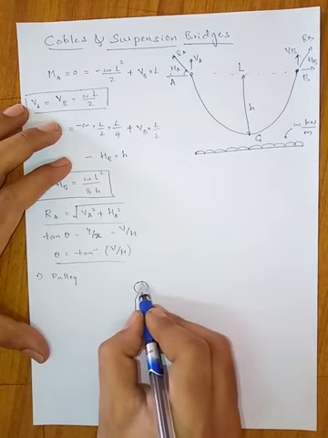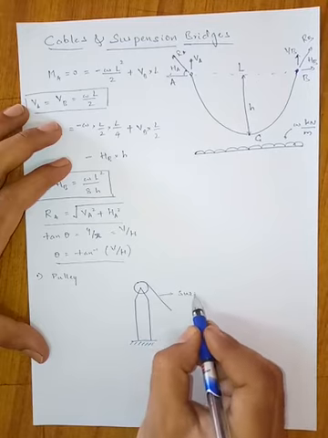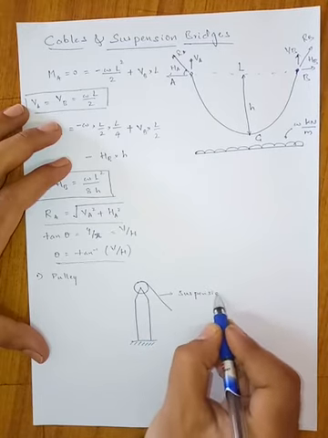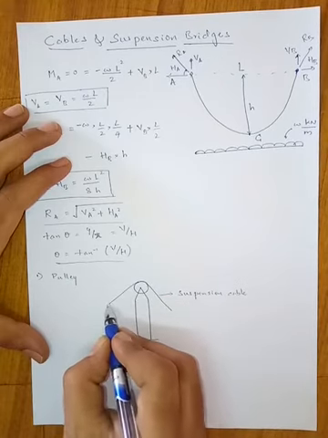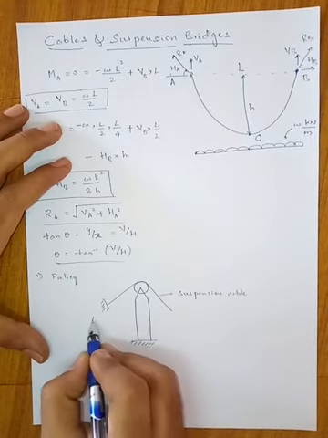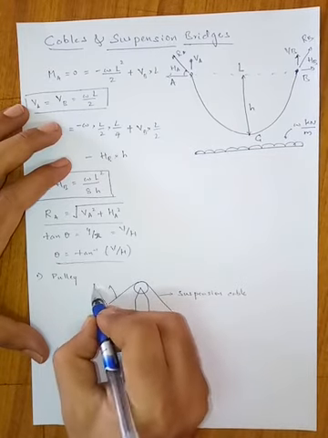On the one side you will have the suspended cable. This is the suspension cable. On the other side you have the anchorage cable. This is called the anchor cable.